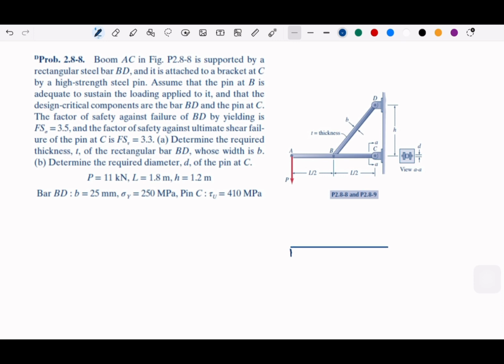Taking this boom AC, and taking this P, since L is 1.8 meter and AB is L over 2, this will be 0.9.